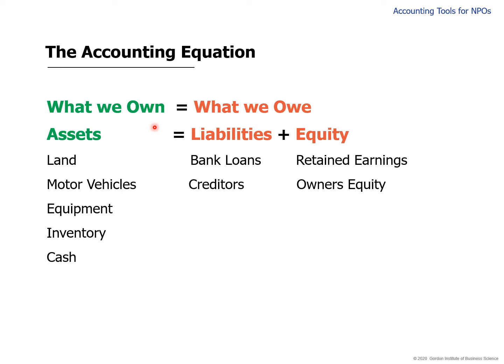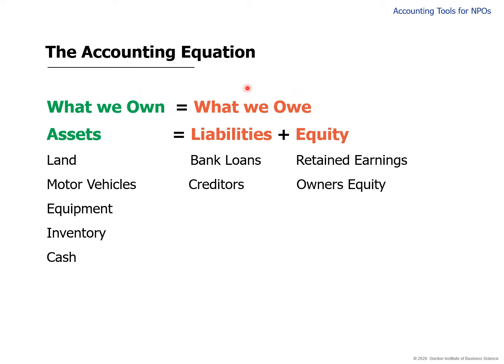Okay, so when we talk about the accounting equation, we go into some of the terms that we use when arriving at this system of balance. In an organization, we typically have two categories of items: the things we own and the things we owe.